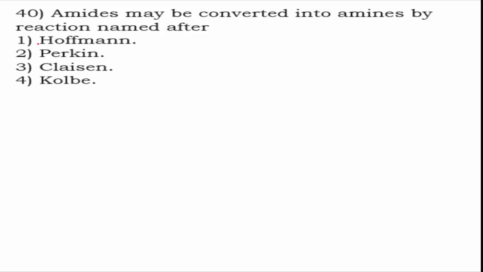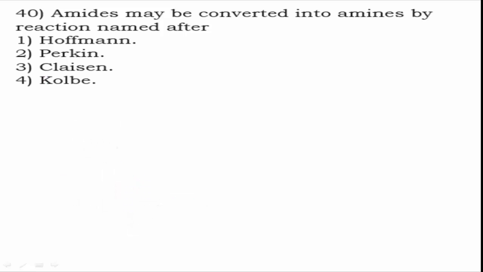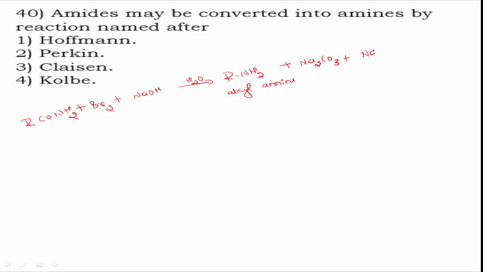This reaction explains the conversion. See the reaction. Write the general reaction here: RCONH2 plus Br2 and NaOH in presence of water gives an alkyl amine, RNH2, plus Na2CO3 plus NaBr plus H2O.